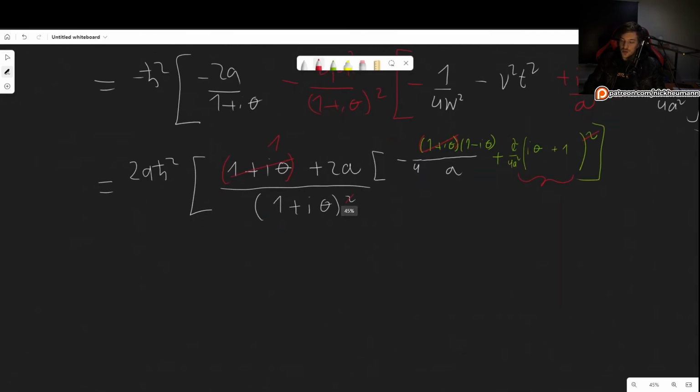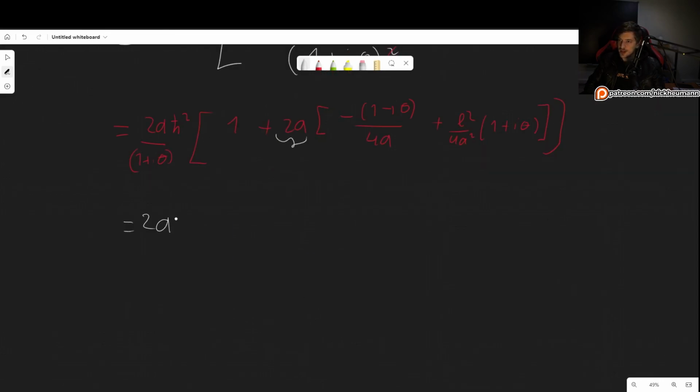So now rewriting all of this, we get 2a h bar squared, and then let's take the denominator outside as well. So we get 1 plus 2a factor of minus 1 minus I theta divided by 4a plus L squared divided by 4a squared, 1 plus I theta.